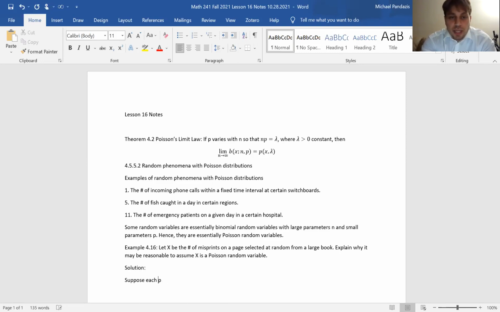Suppose each page of the book has n letters, numbers, and other printed symbols.